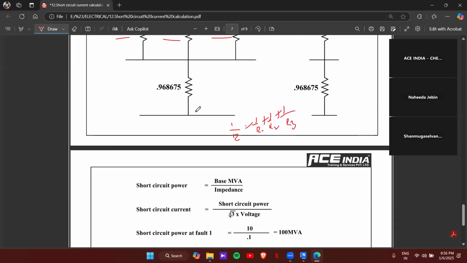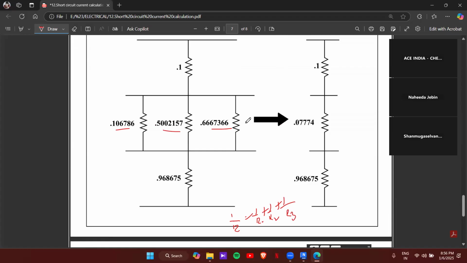Once you add this in parallel, you will get 0.0774. So 0.1 is the impedance of the source side, 0.968 is the impedance of the transformer 4 side, and the middle part, the primary distribution side, will be 0.0774.